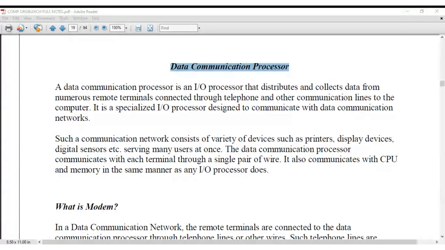Meaning they are doing it together without hitches, such that there is no difference between what you are seeing on screen A and screen B. You can see the same things at the same time. The way they do that is to connect all these screens to a data communication processor for those screens.